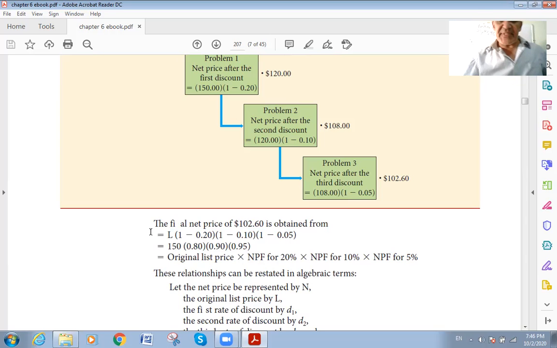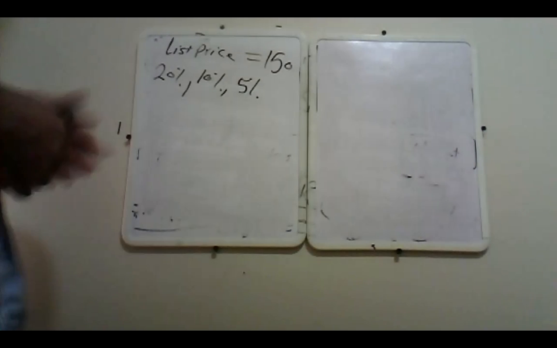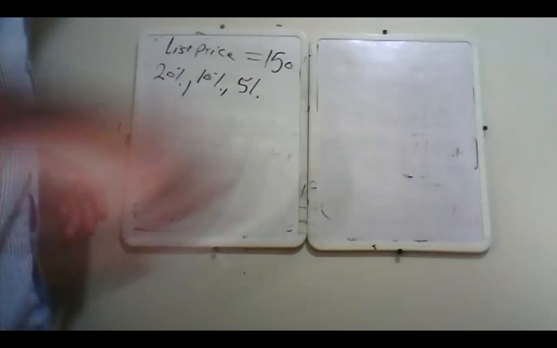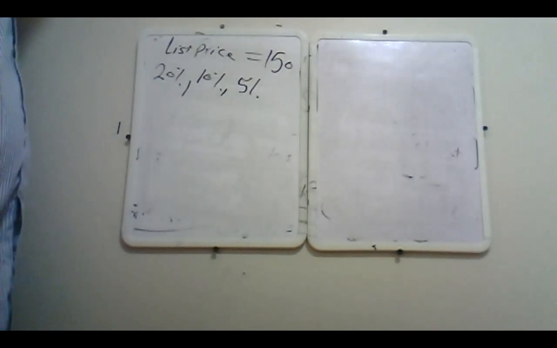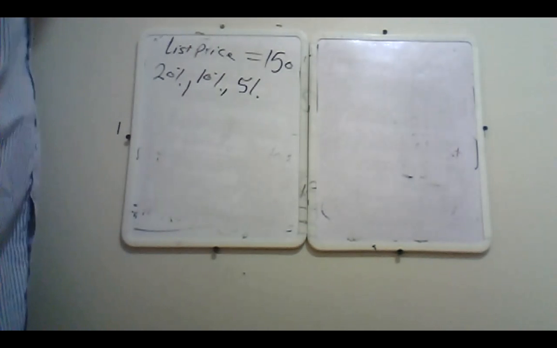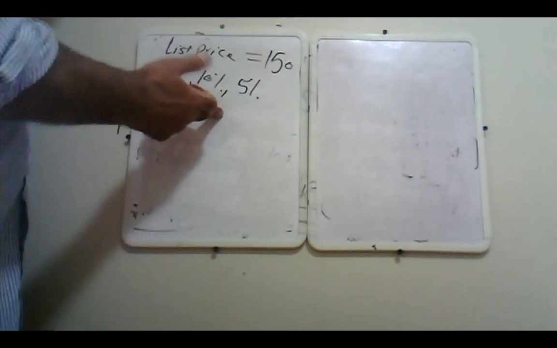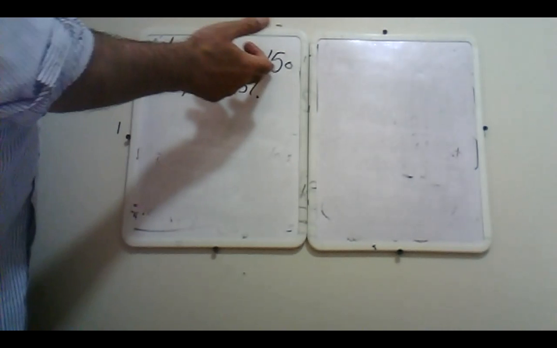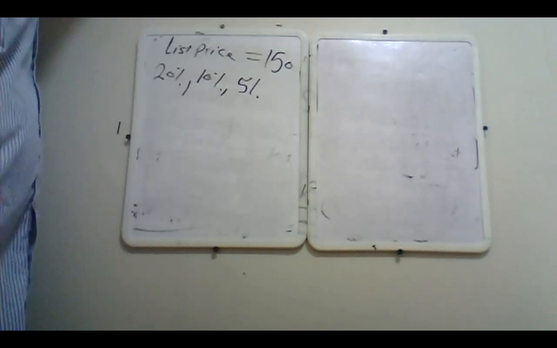20%, 10%, 5%. Let me now stop sharing the screen so that it will appear in front of you. I solved this problem before in the previous example, but we solved it with the long solution. We had first to bring the net price of each stage alone. But now what I will do is get the final net price for the 3 discounts in one line.